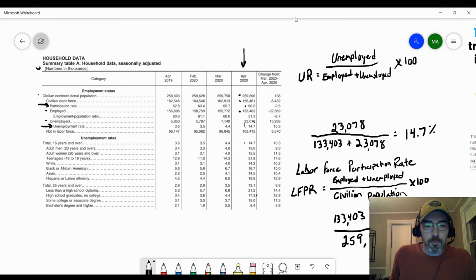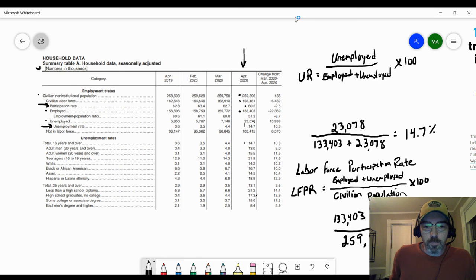If you break it out by racial ethnic groups, white unemployment rose from 4% to 14%. Unemployment among African Americans from, well, we go back a year ago, 6.6% to 16.7%. Among Asians, 2.2 to 14.5, and among Hispanic or Latino, 4.2 to 18.9.